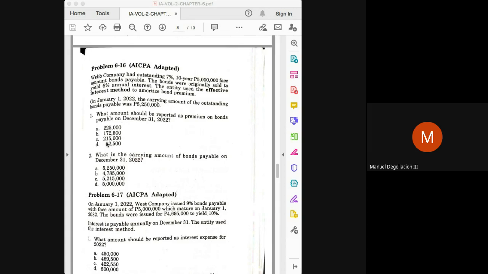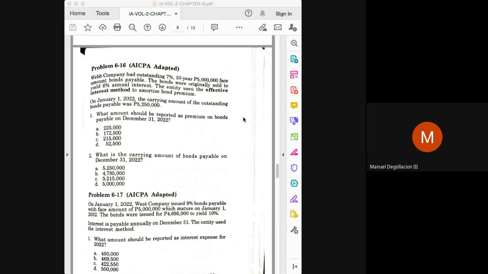First question here is what amount should be reported as premium on bonds payable on December 31, 2022. Definitely our answer here should not be 250,000, because the 250,000 bond premium we have mentioned earlier was as of January 1, 2022. The question here is as of December 31, 2022.